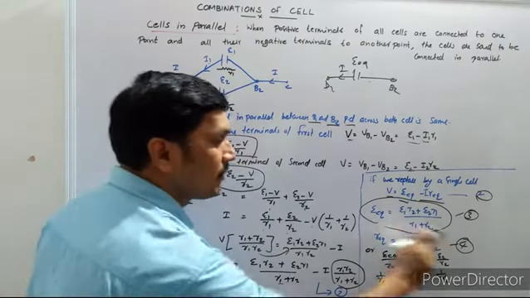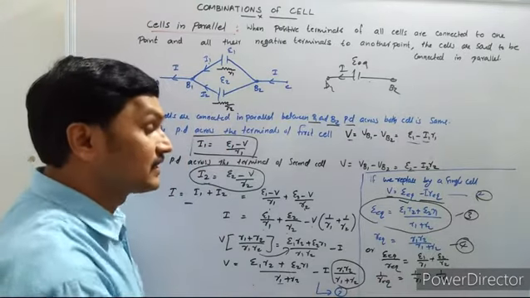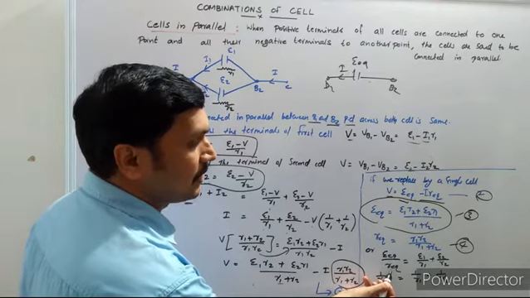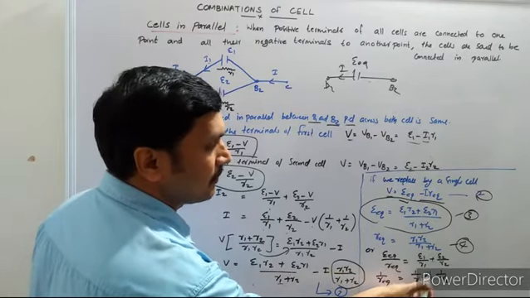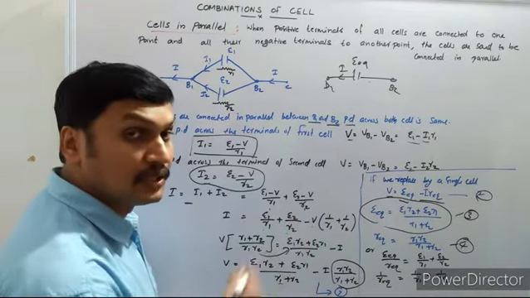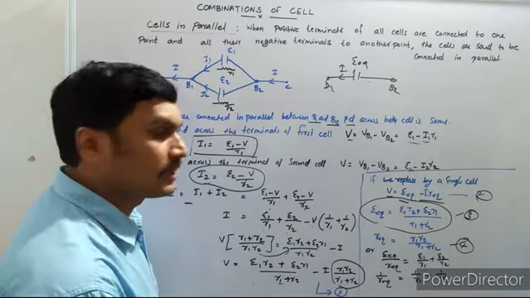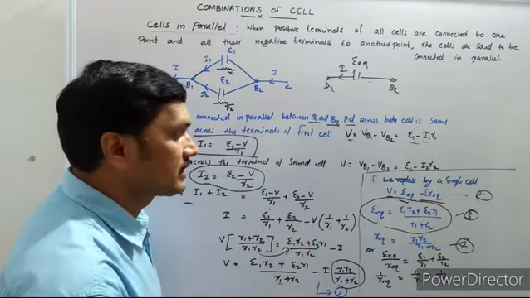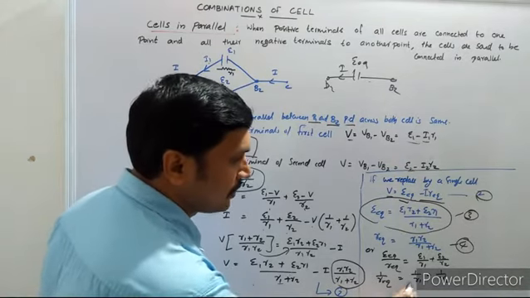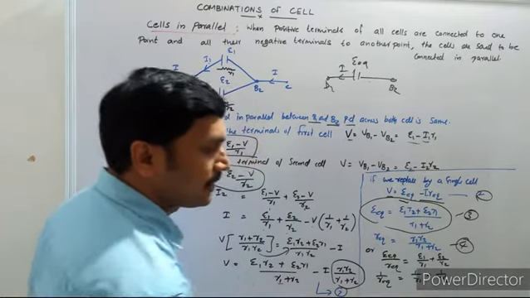So it's very easy to remember this equation. If you have n cells, E equivalent by R equivalent can be written as E1 by R1 plus E2 by R2 plus E3 by R3 plus etc. up to En by Rn. So that's a better form. We can remember it easily. And 1 by R equivalent is equal to 1 by R1 plus 1 by R2.